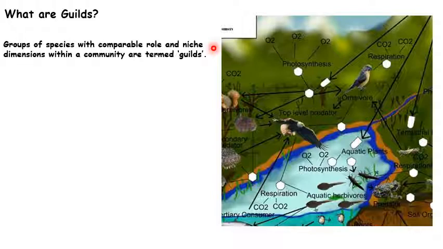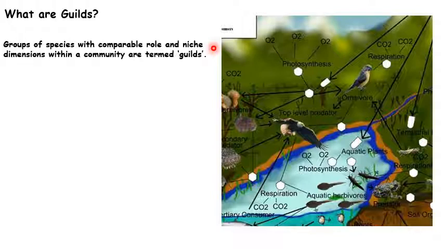Even if they have similar patterns of feeding, they will avoid it by changing their behavior. Say for example, if two animals have the same feeding mechanism, like feeding on mice. The owl I gave you in the previous slide will go and feed on mice.